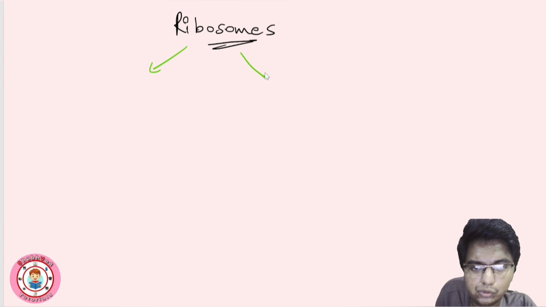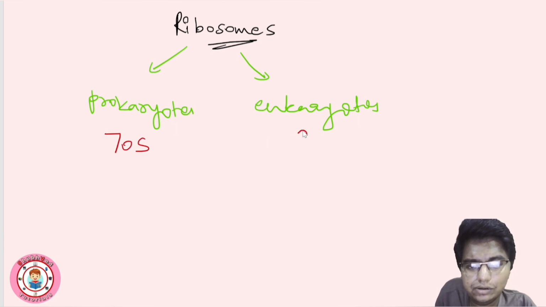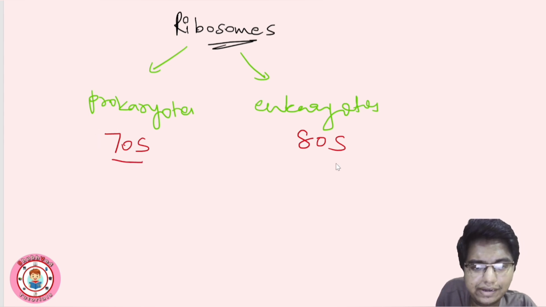Two types: prokaryotes and eukaryotes. Right? Now in prokaryotes, known as 70S. Simple, 70S, eukaryote 80S. Okay, this we have to remember: 70S in prokaryotes, 80S in eukaryotes.